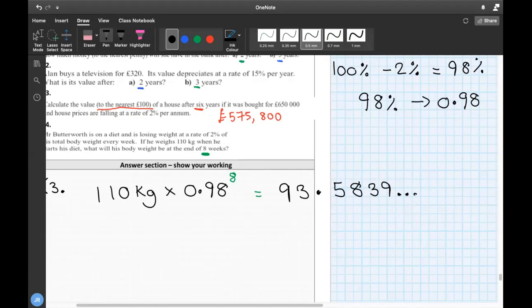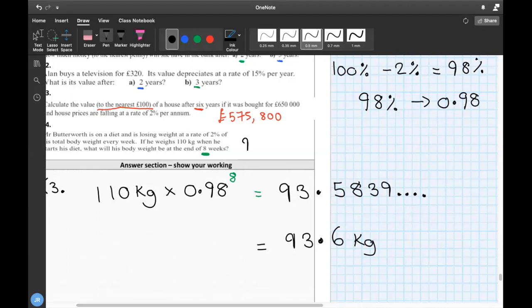Now, in the question, they haven't told us what to round it to. So that means you need to decide yourself, but you must label with whatever you have rounded it to. I'm going to choose 1 decimal place here. So that means I'd look at the value after that in the second decimal place, an 8. 5 and above, we give it a shove. So the 8 will round the 5 up to a 6. We were weighed in kilograms, so we need to put those in our final answer as well.